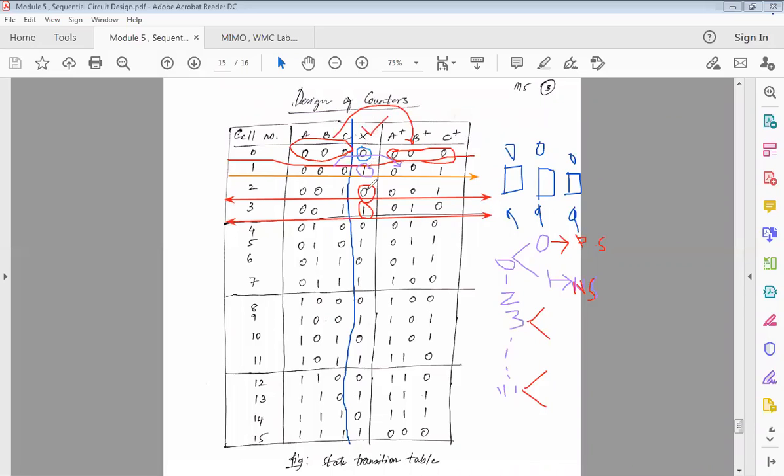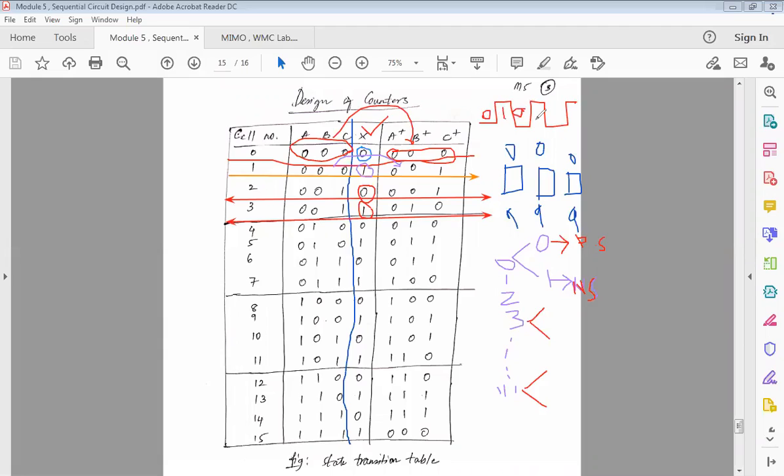I am giving 0 1 0 1 0 1 0 1. Why am I doing that? Because the clock goes high and low, right? See, the clock will be low, high, low, high, low, high. So when it's in this state, 0. When it is here, 1.